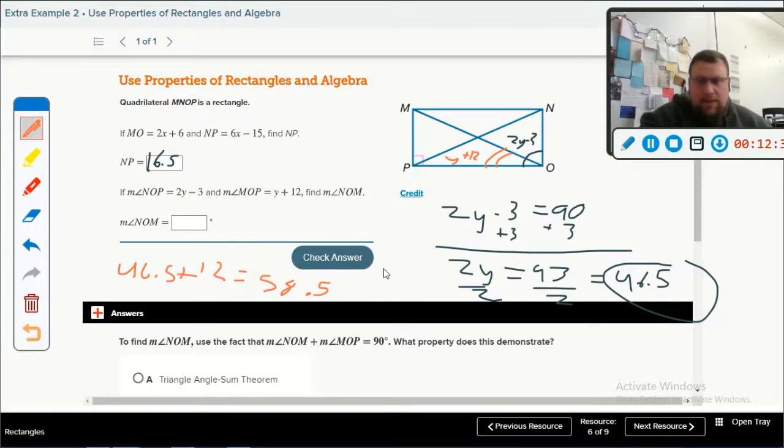Okay, so now if I know that this is 58.5, then what do I got to do?